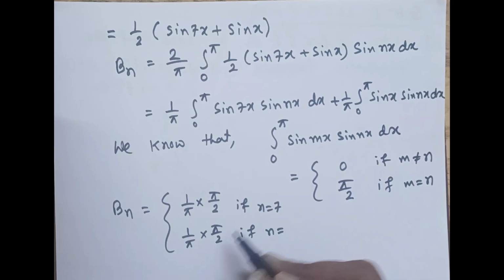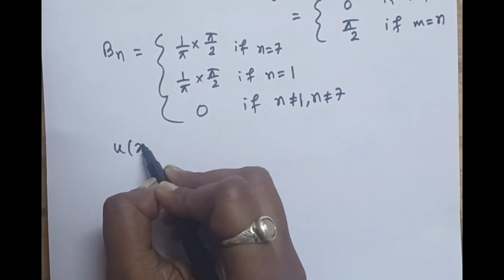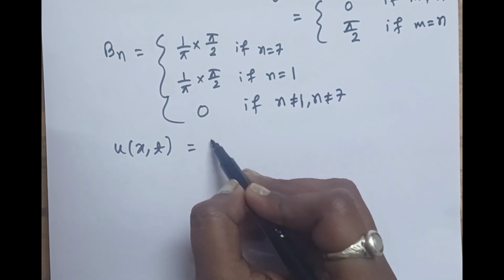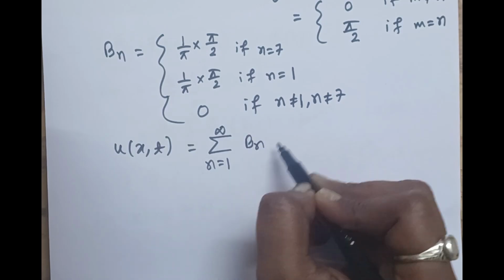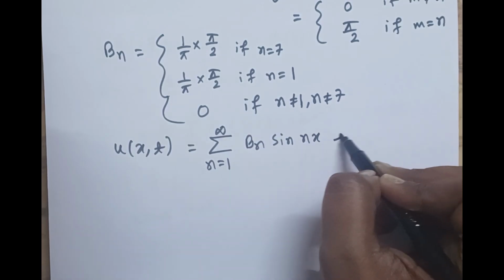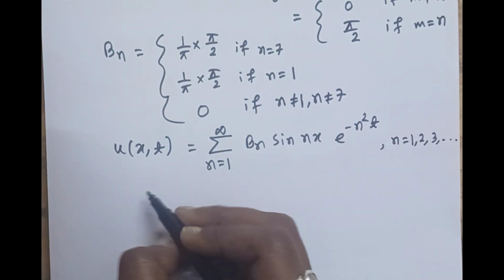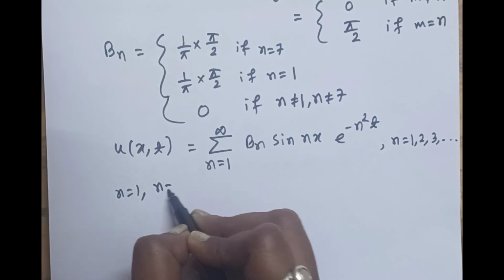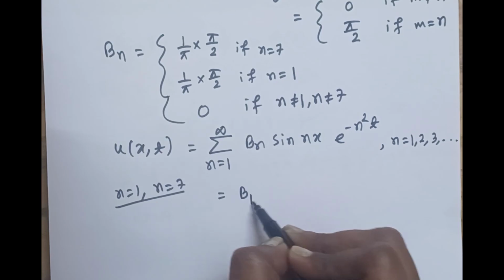And 0 if n not equal to 1 and n not equal to 7. That is, except for n equal to 1 and 7 we get bn equal to 0. So u(x,t), the final value, equals summation n equals 1 to infinity bn sin nx e power minus n square t. Now for n equals 1 and n equals 7 we get the non-zero values, because bn is non-zero only for n equals 1 and 7.